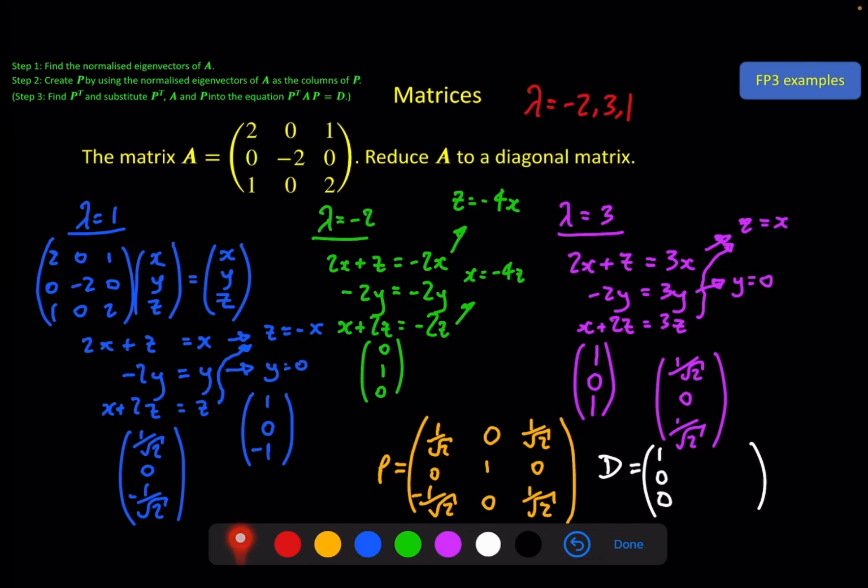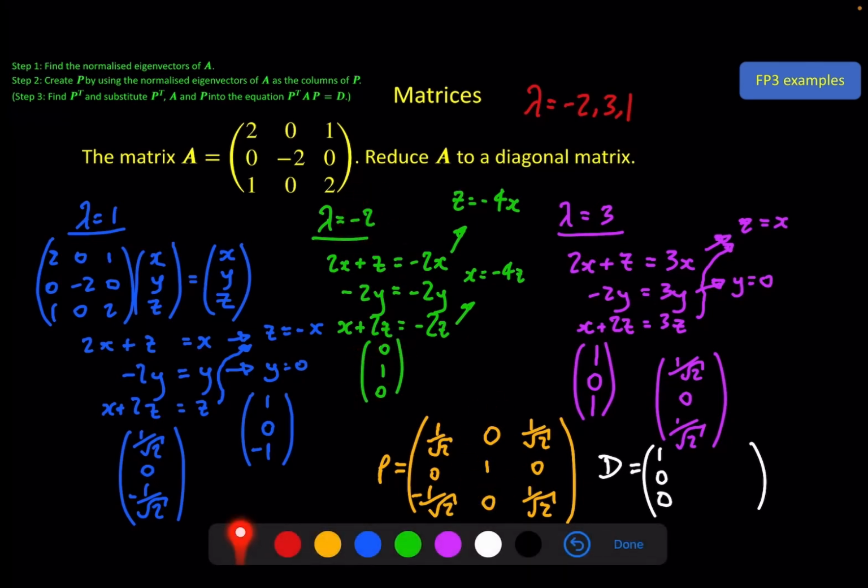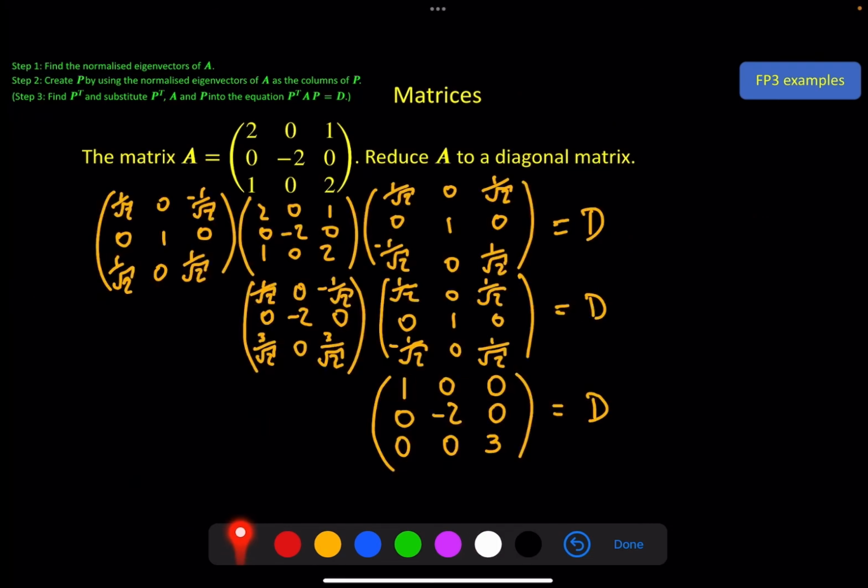Then I had this one second, so the minus 2 needs to go in the second column, and again I must have zeros here and here in a diagonal matrix, so the minus 2 must go in the middle. And then I put column 3 third, so 3 has to go in the third column with zeros here and here, so 3 must go in the bottom here. And we get 1, minus 2, 3, which is the same 1, minus 2, 3 here.